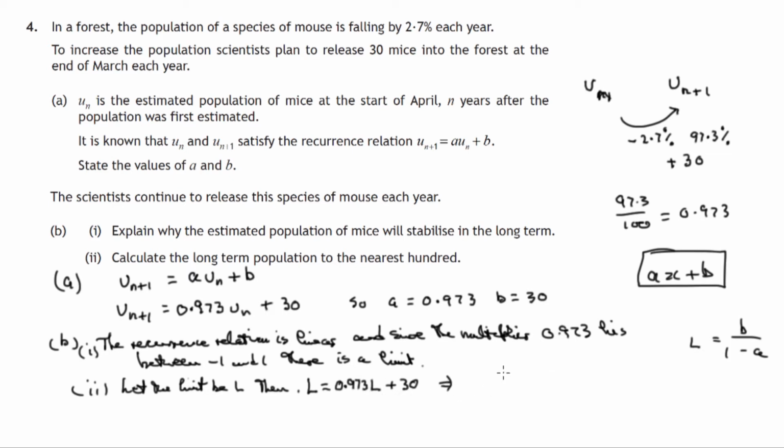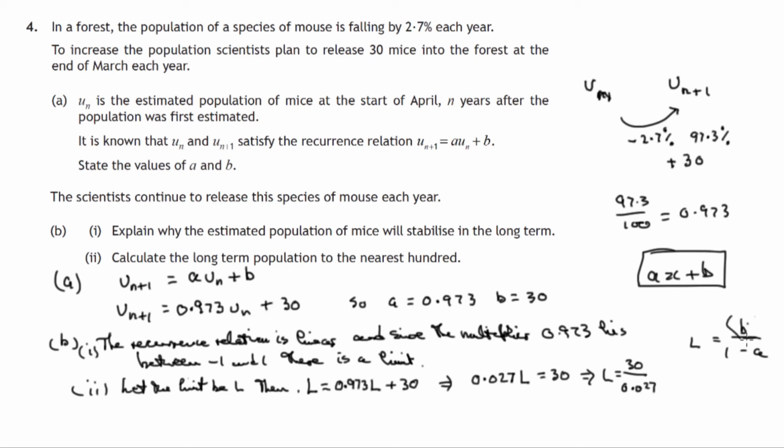Let's take 0.973L away from both sides and we'd be left with 0.027L, and that would be equal to 30. So L would be 30 over 0.027. That's what we get here.